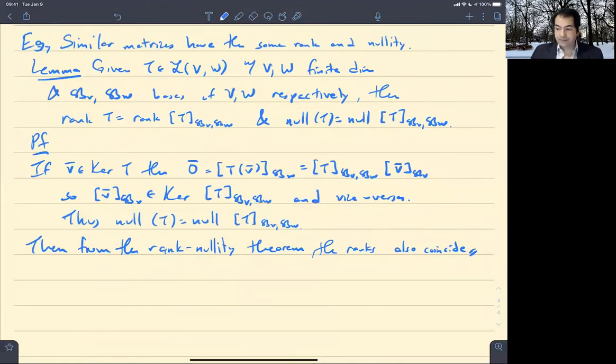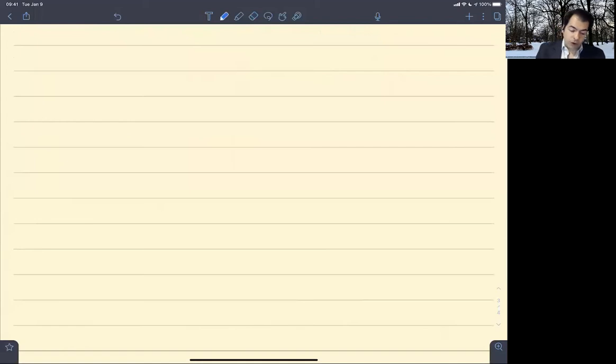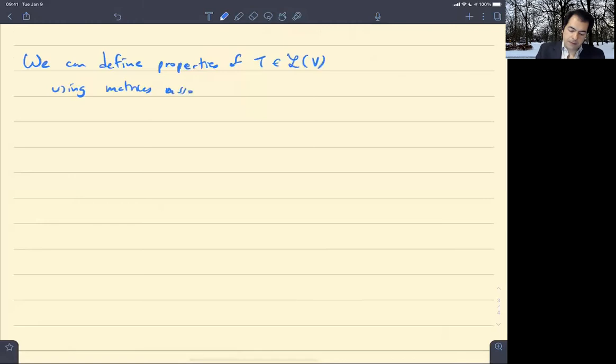Okay, so perfect. That gives us a second and third examples of properties shared by similar matrices, right? Perhaps most interesting is to turn this around. So we can also define properties of T using matrices associated to it, as long as the property is invariant, right?